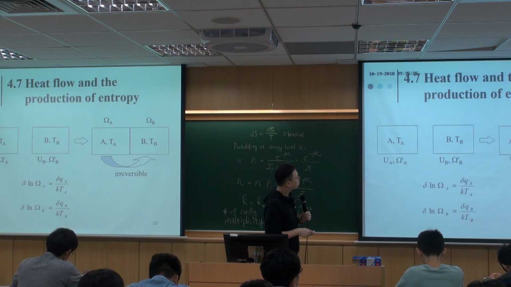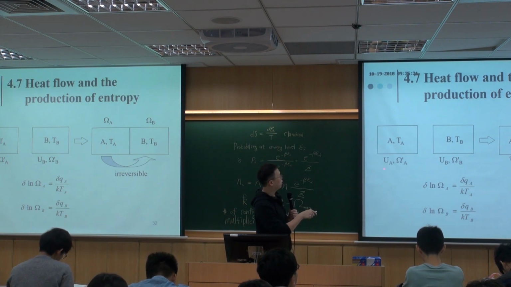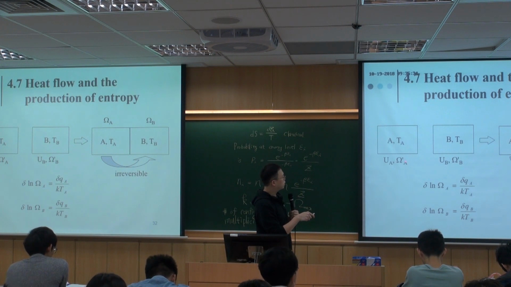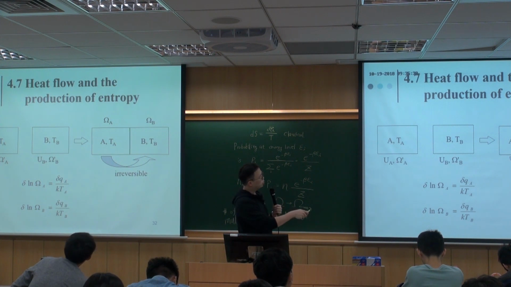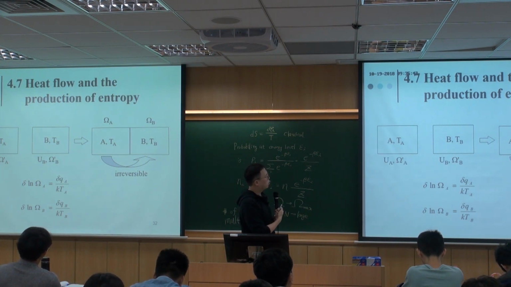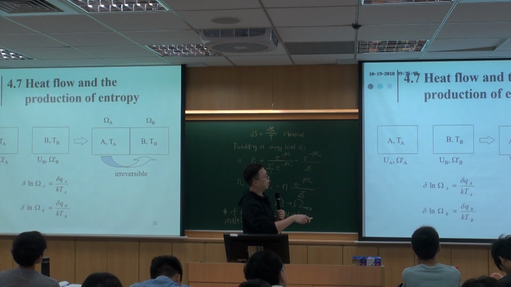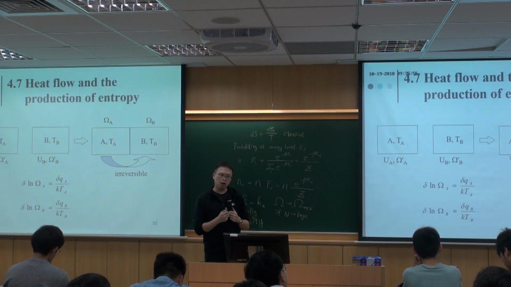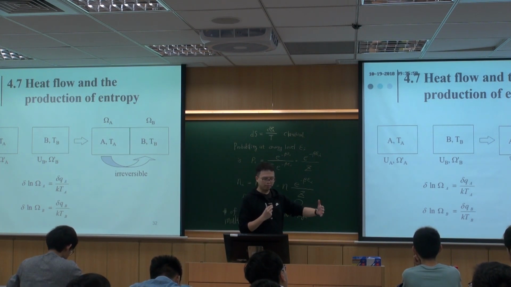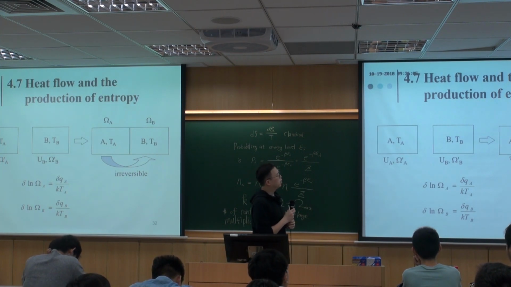statistical thermodynamics. So imagine that for system A, the temperature is TA and the internal energy is UA, and it has the multiplicity of omega A. And if we put these two, A and B, together in thermal contact, we know that there must be a flow coming from, for instance, if the temperature of this system is higher than this one, then the heat will flow from A to B. And it is an irreversible process because we know that during this process, the system is becoming more random and the entropy is maximized.